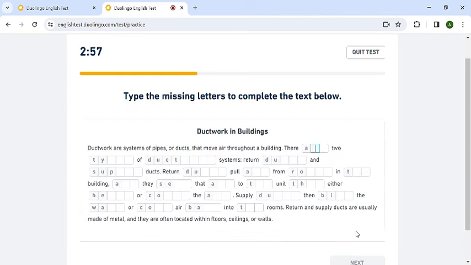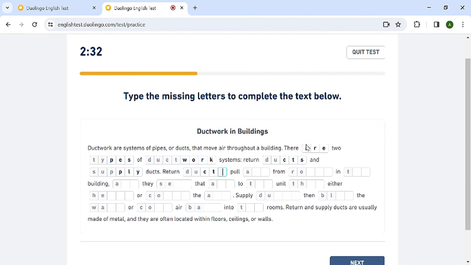Ductwork in buildings. Ductwork consists of pipes or ducts that move air throughout a building. There are two types of ductwork systems: return ducts and supply ducts.